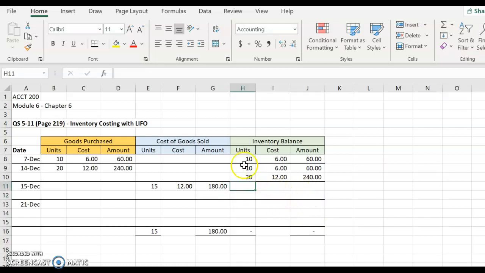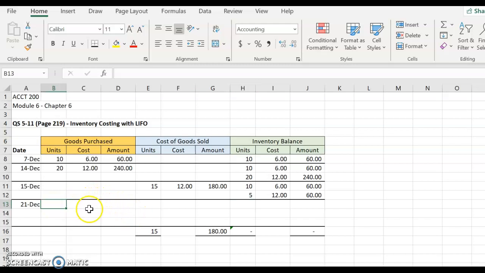We have the 10 at 6, and we have the 20 minus 15, so we're going to have 5 left over here at 12. That will give us 60.